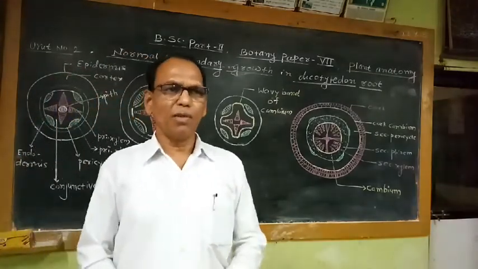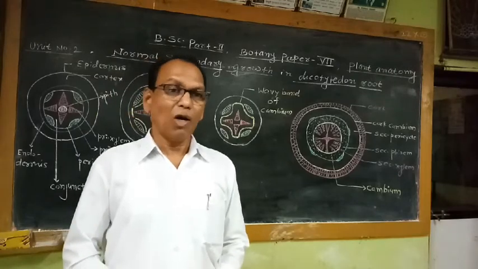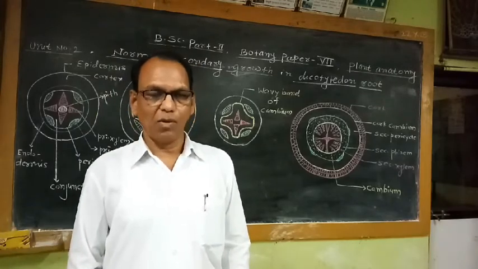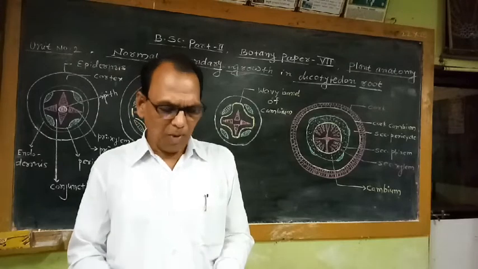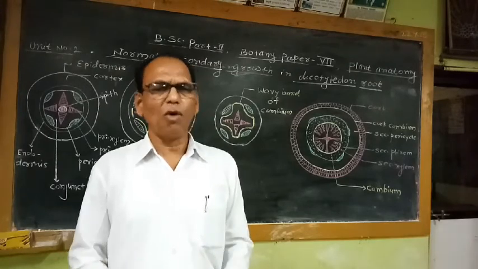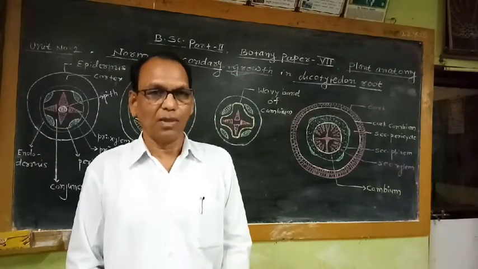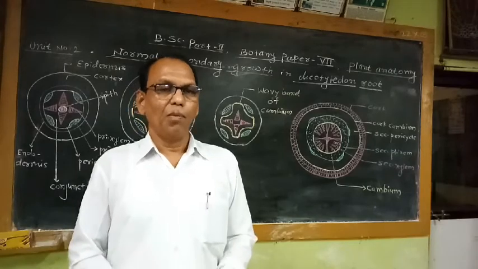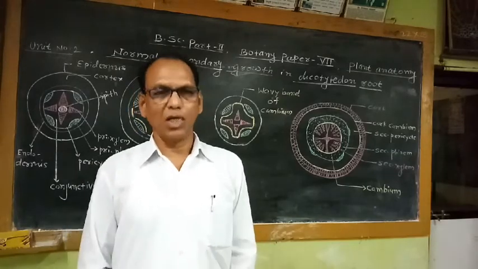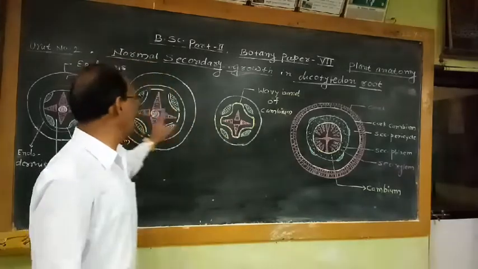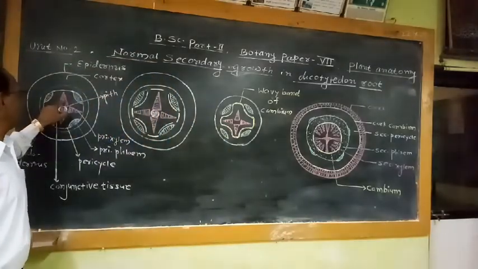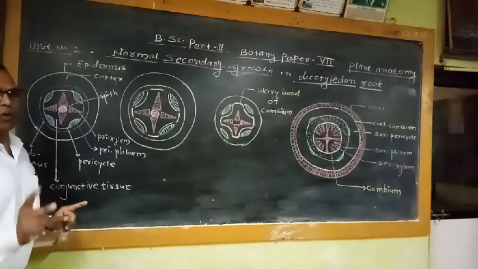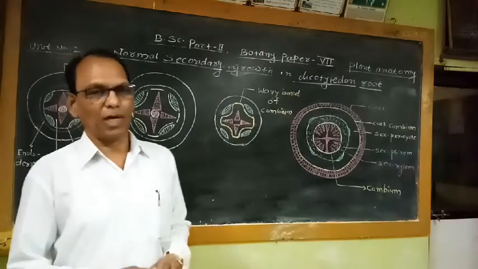If the number of leaves and branches increases, the demand for raw food material increases, and the plant requires more conducting tissue. The original conducting tissue in the form of vascular bundles is unable to conduct more food material.